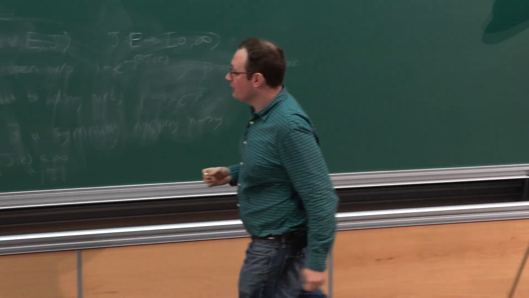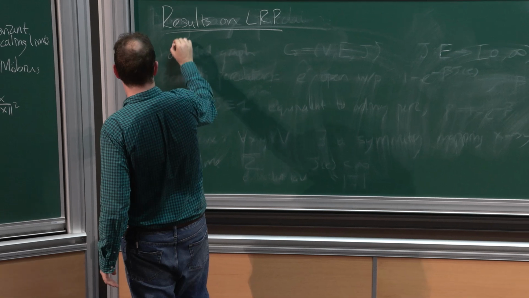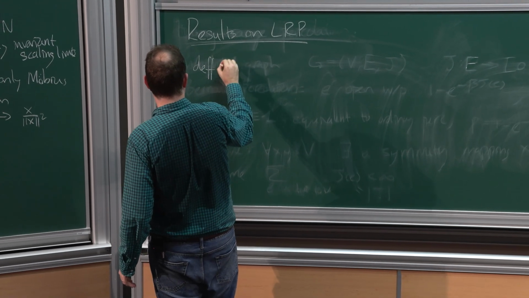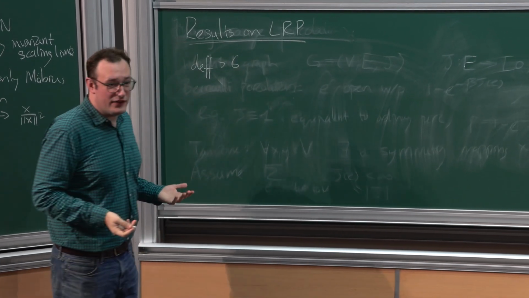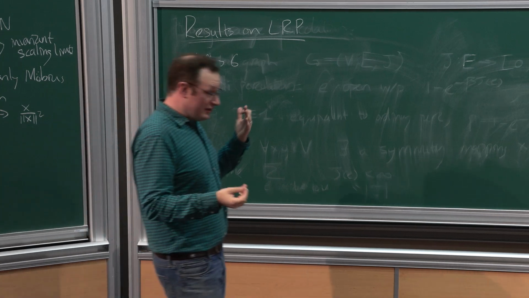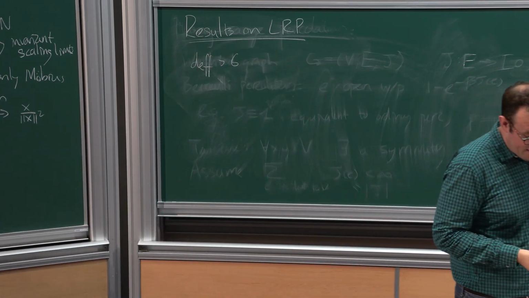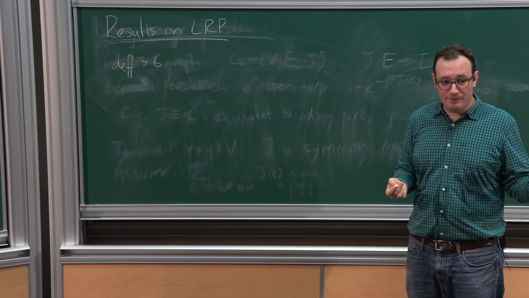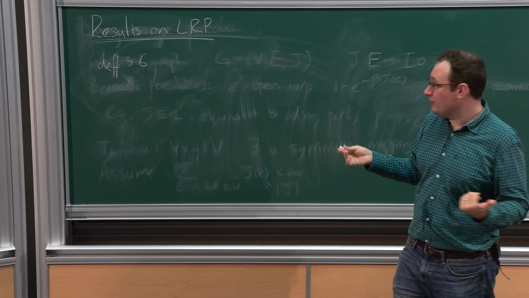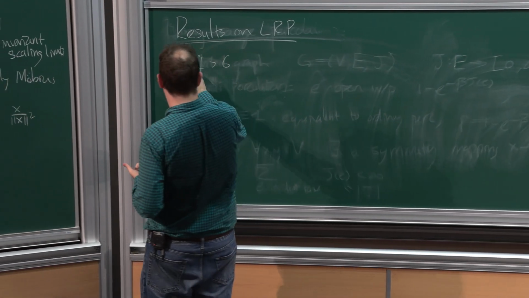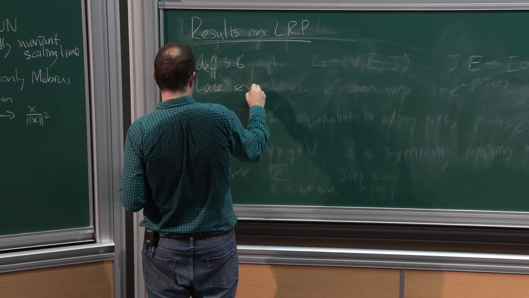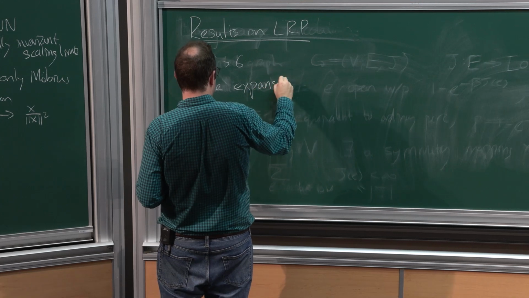Let me start by saying, in the case that the effective dimension is strictly larger than 6, then you're in this regime where you have high effective dimension and you can do a lace expansion analysis.